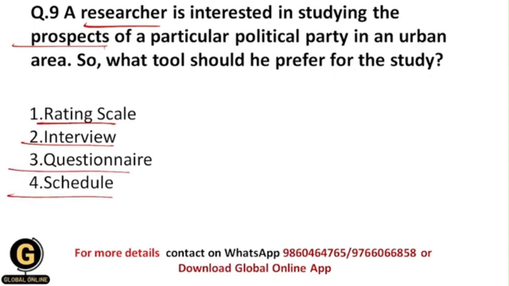So students, now here the researcher wants to study the prospects of a political party in an urban area. Urban area is the area which includes a lot of population, so the researcher can't take interviews, right?